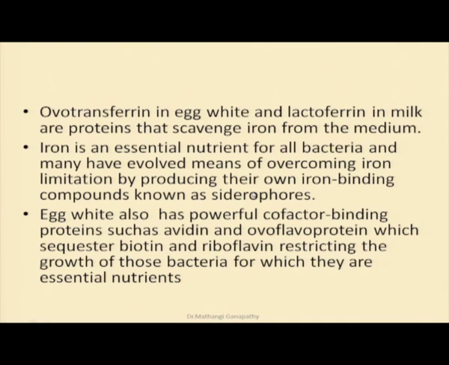These siderophores in turn would absorb the iron which is present in the medium and take it up. The egg white also has cofactor binding proteins such as avidin and ovoflavoprotein, which will sequester biotin and riboflavin, restricting the growth of bacteria, for which biotin and riboflavin are essential growth nutrients.